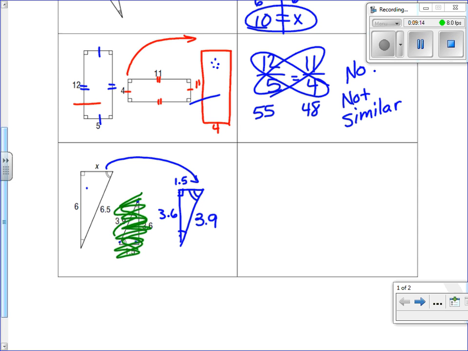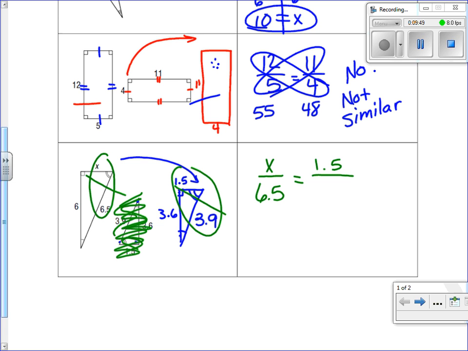I'll be honest with you, you can draw your line here between the X and the 6, or you can draw your line here between the X and the 6.5. Whatever you draw the line between on this triangle, you just have to draw it between these on the other triangle. Okay, so I'm going to use X and 6.5, so X over 6.5 equals 1.5 over 3.9.